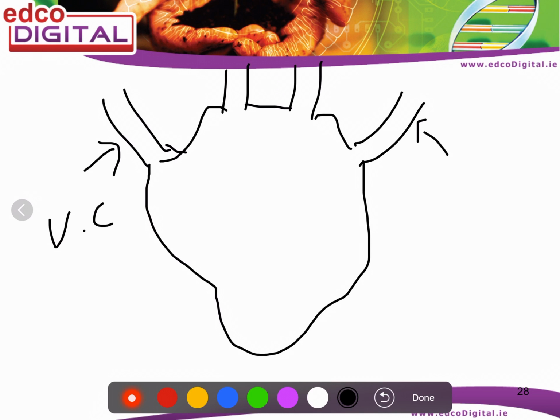This one over here comes down from the lungs, and that's the pulmonary vein because it's coming back into the heart, so it must be a vein. Same thing over here with the vena cava, vein for vena cava. This tube here, using a different color, is the pulmonary artery, and this one over here is the aorta.